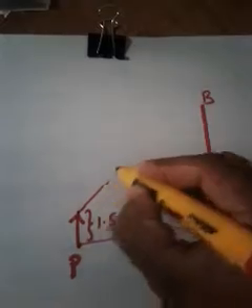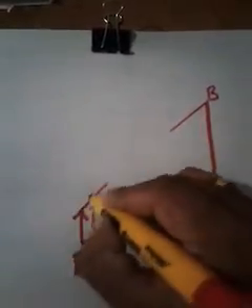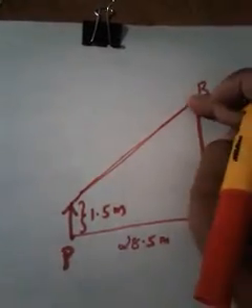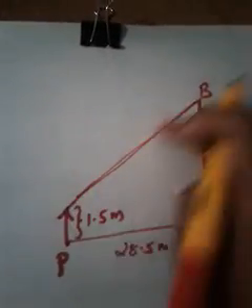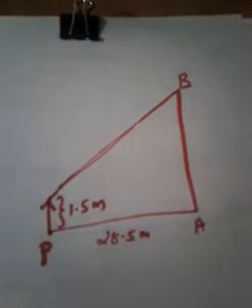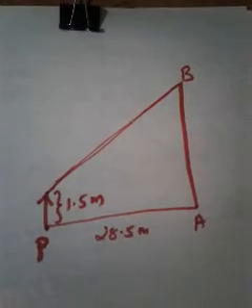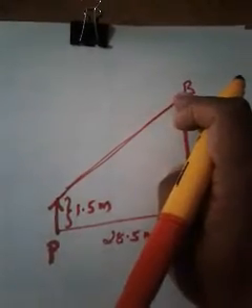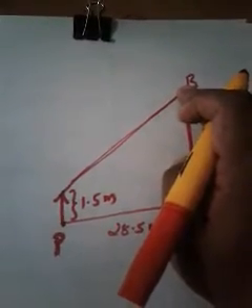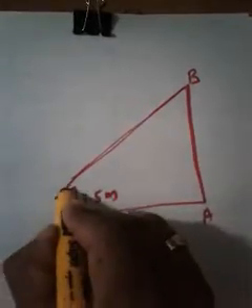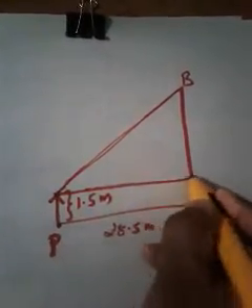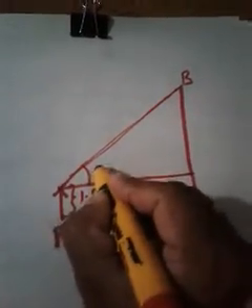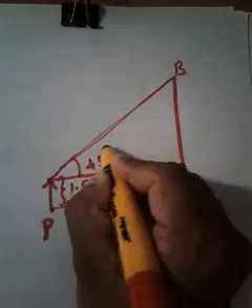To draw the angle of elevation, we need the line of sight that I drew, and we need the horizontal level of sight also. The angle between the line of sight and the horizontal level is the angle of elevation, and that is 45 degrees.